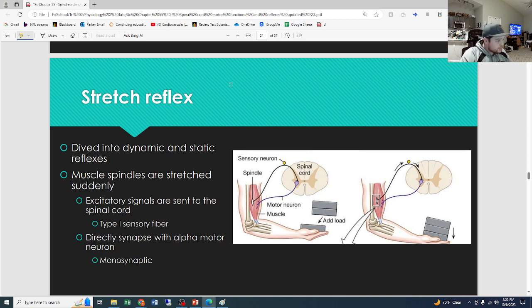Here is our stretch reflex. It's divided into dynamic and static reflexes. Dynamic means moving. Static means not moving. When you get into your palpation courses, you'll have static listings and dynamic listings.